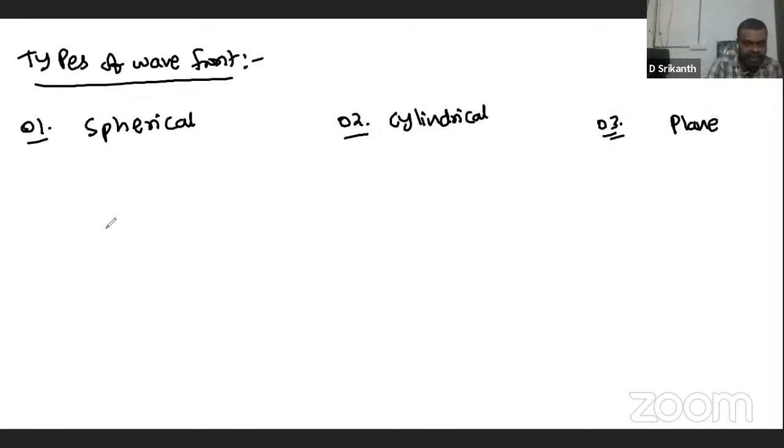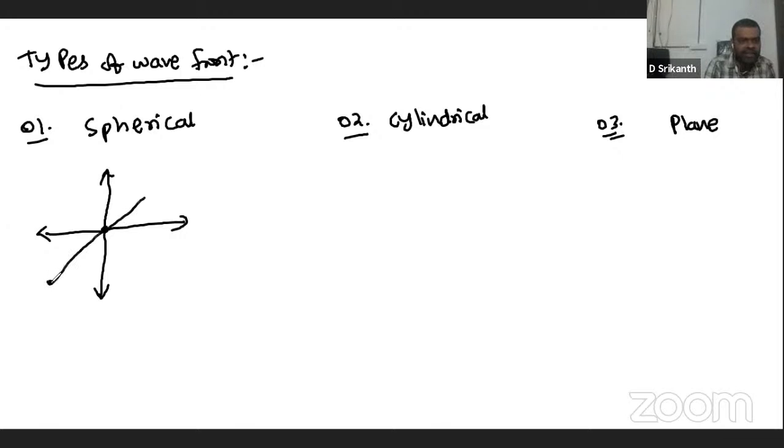Spherical wavefront: if the source is a point source, or it is in the shape of a sphere, then we'll get the spherical wavefront. Like this.